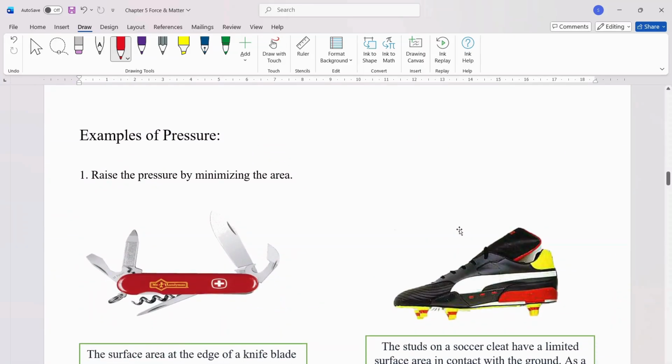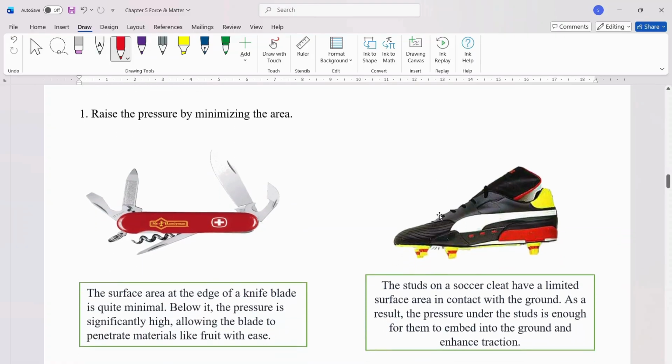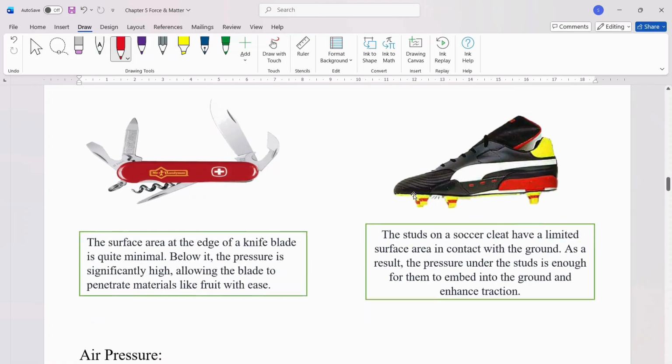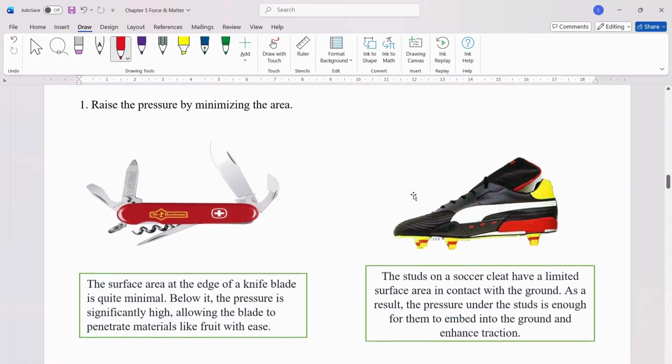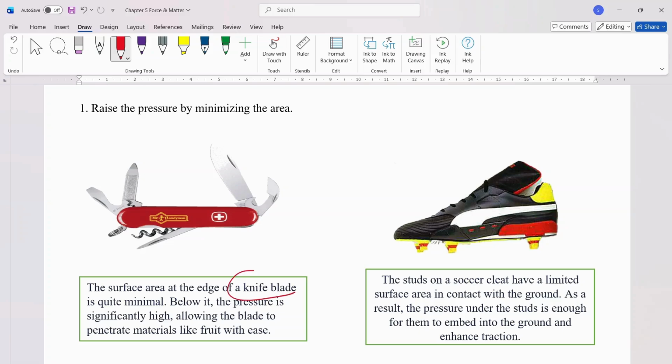Some examples of pressure: raise the pressure by minimizing the area. The surface area at the edge of a knife blade is quite minimal. Below it, the pressure is significantly high, allowing the blade to penetrate material like fruit with ease.